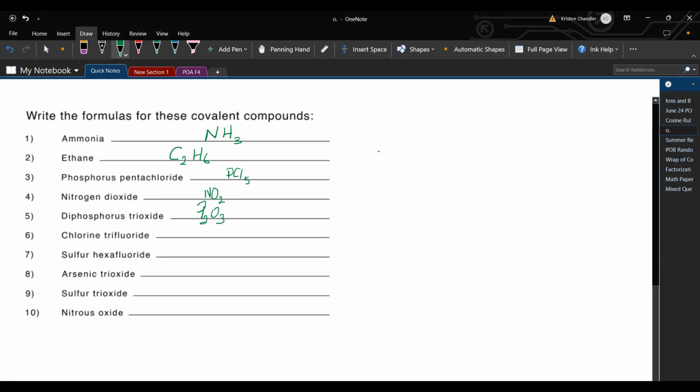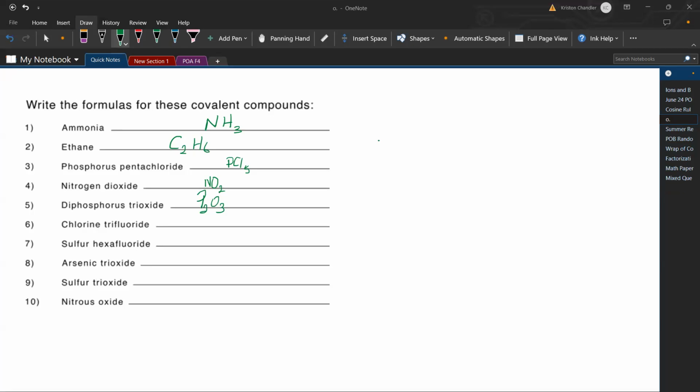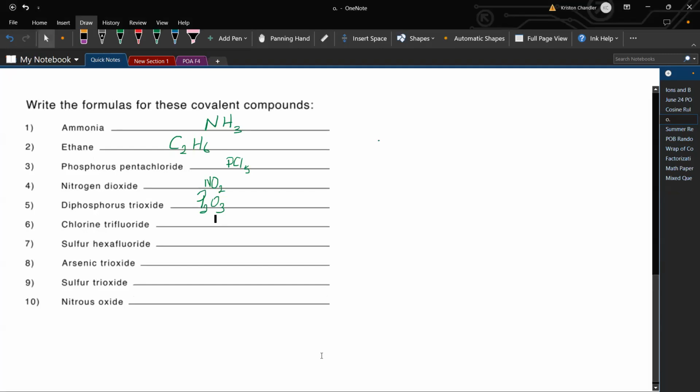Chlorine trifluoride, sorry, I missed that one. ClF3, good.